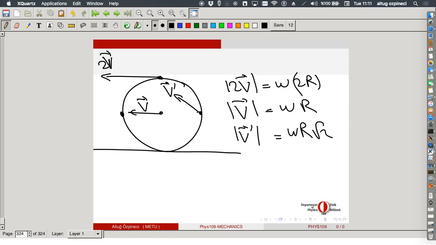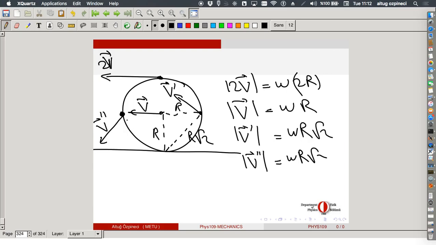Well, let us note one more thing. This is r, so this is r square root of 2. Well, we can repeat the same exercise for the other point, and it will be moving in this direction with velocity v double prime, and v double prime is equal to omega r square root of 2.